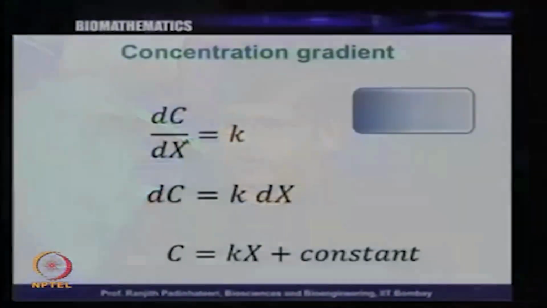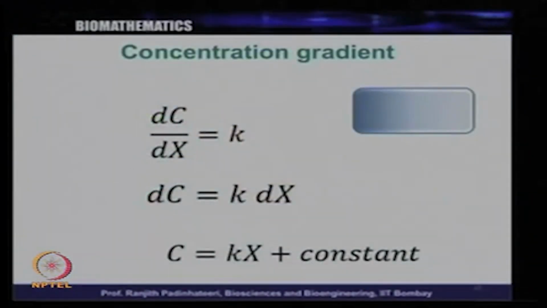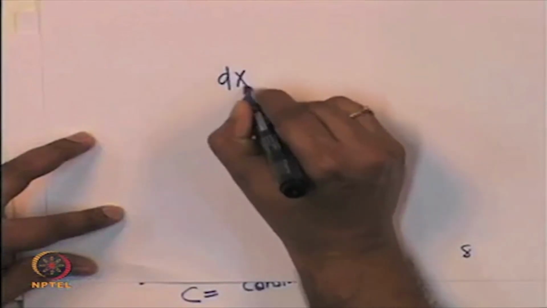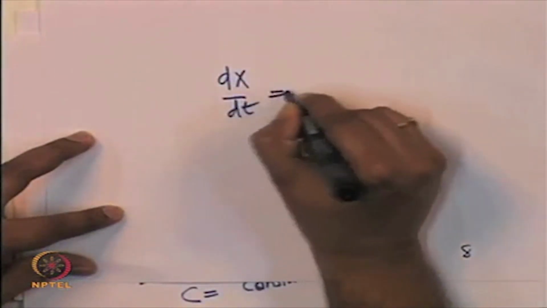Before discussing this, we should understand one thing about differential equations. There is something called a second order differential equation. What we have discussed so far is called the first order differential equation. Let me just say what I mean by first order differential equation once more. We said things of the form dx by dt is something.